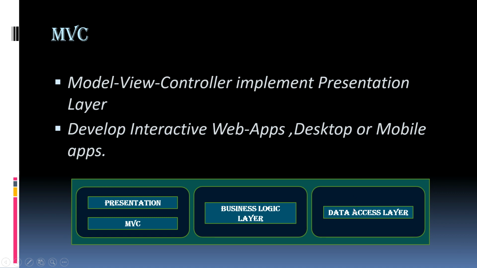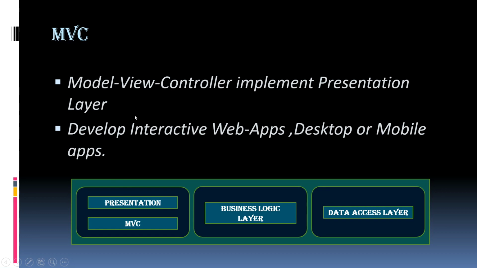And the data access layer is responsible for interacting with the database to perform the CRUD operations. Now this MVC Model View Controller design pattern is basically used to implement the presentation layer.